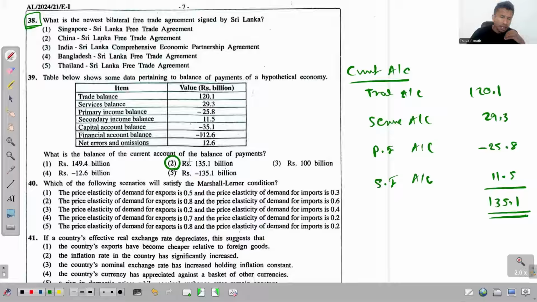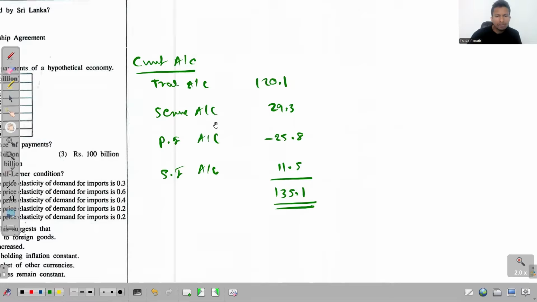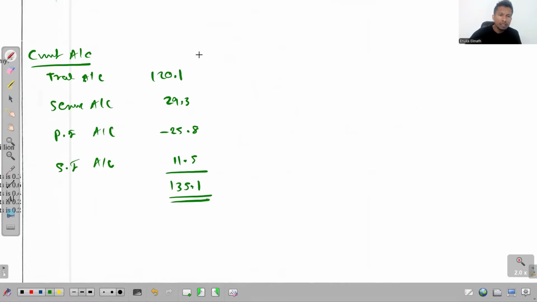But there's another interesting way to find this. I will just show you this one because this will be helpful for your A-level exam. Right. So we know that there is another equation. What is this equation? We have used this in our previous papers as well.